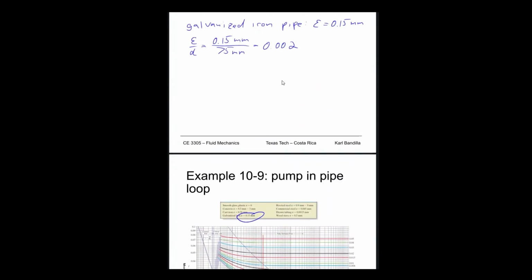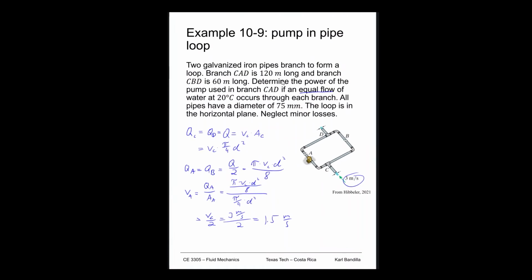Now, if we go back to our picture, right, we have parallel pipe branches, then we know that the head loss or the energy loss along both these pipes has to be the same. That means if the energy loss is supposed to be the same, then the difference between the two has to be supplied by this pump, right?